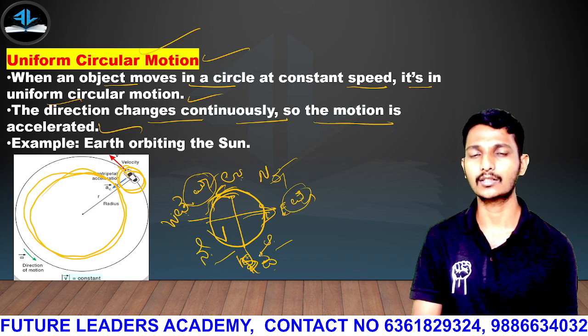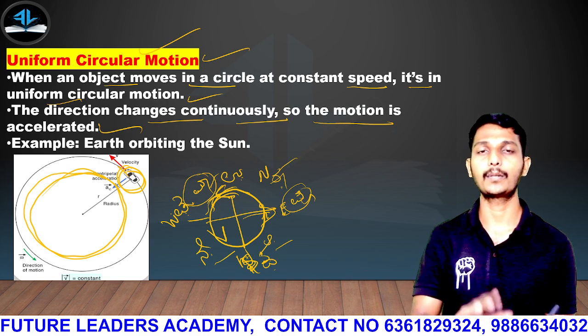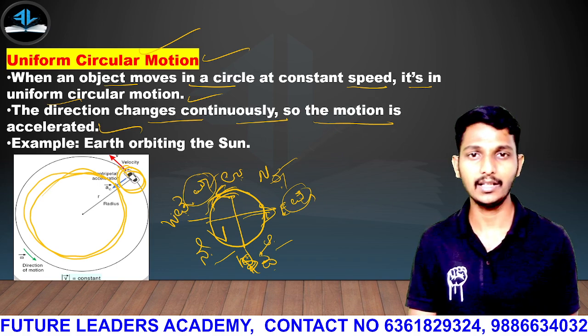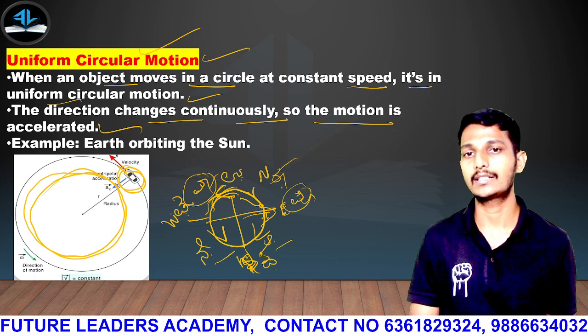Purva, Pachima, Uttara, Dakshina. We can remember it with a short code. Clear? Only in the clockwise direction you have to go. Clockwise direction, then only we will understand the directions.